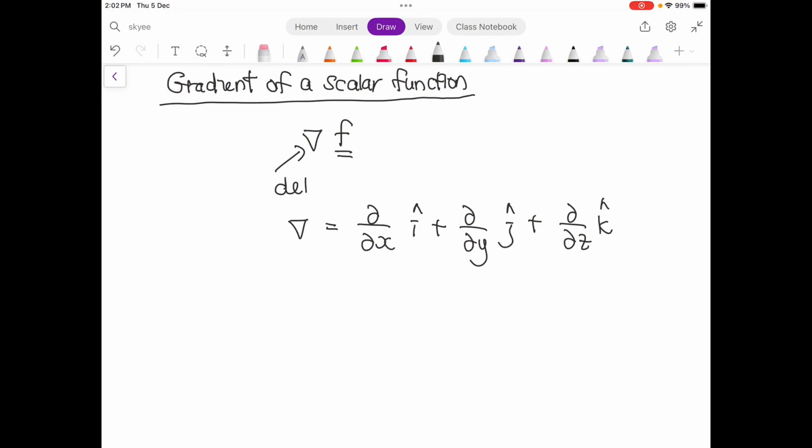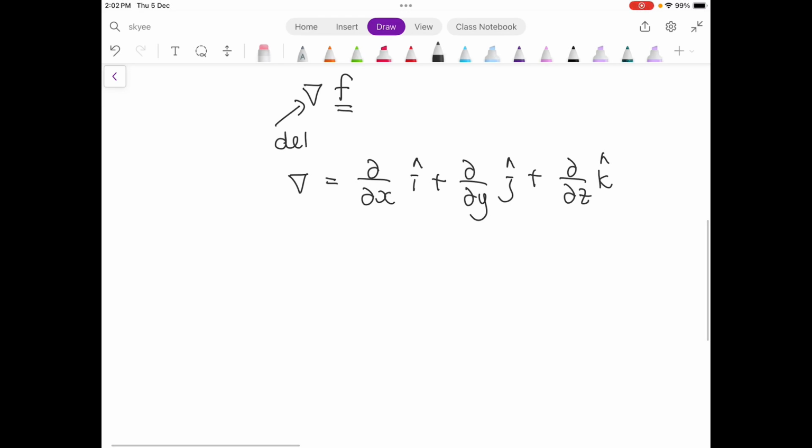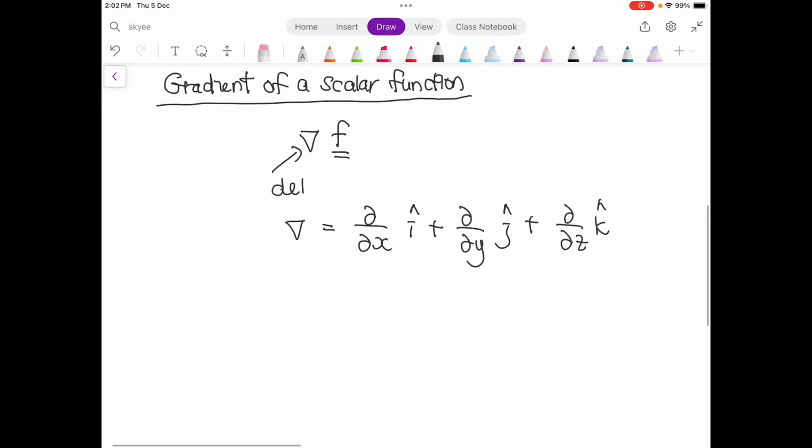When you put it together with the function, it means you have to perform differentiation. So with the function f, you are going to have differentiation with respect to x, differentiation with respect to y, and differentiation with respect to z. You put them into the i, j, k components. This is how you perform the gradient of a function.